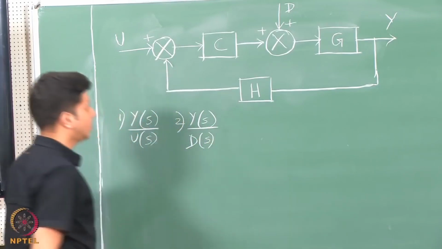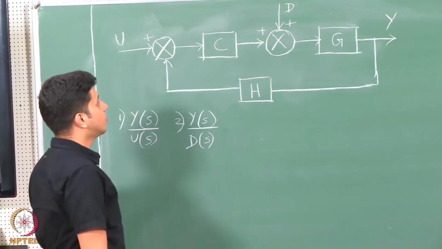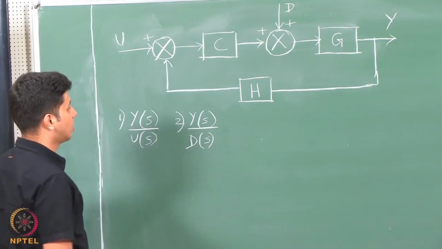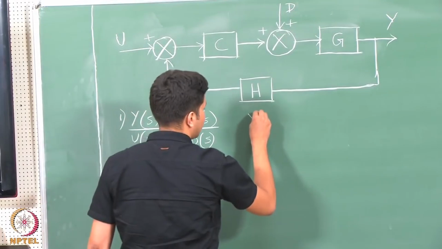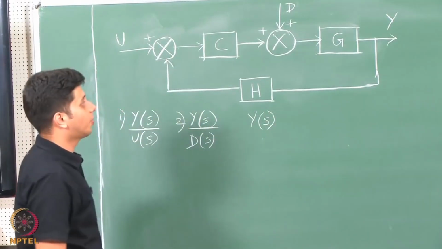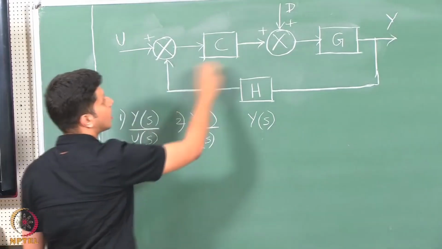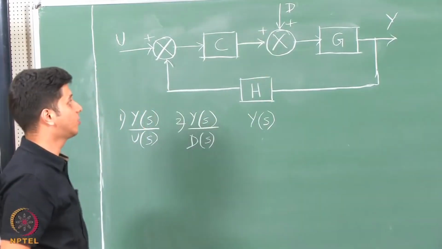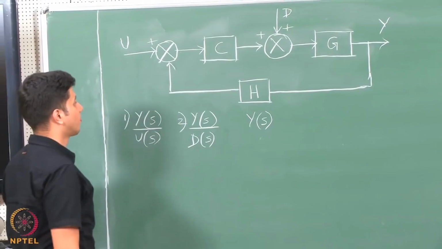Not only finding the transfer function, we will try to show that y of s is actually a response due to the input and the disturbance when they act individually while the other is completely 0.